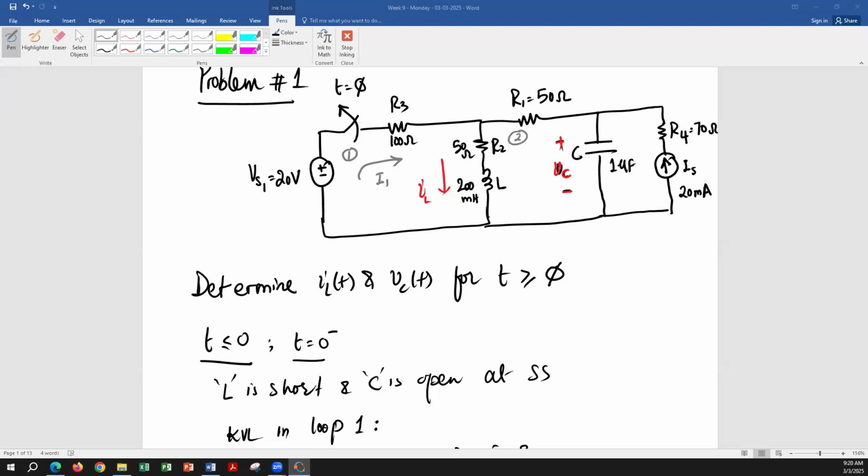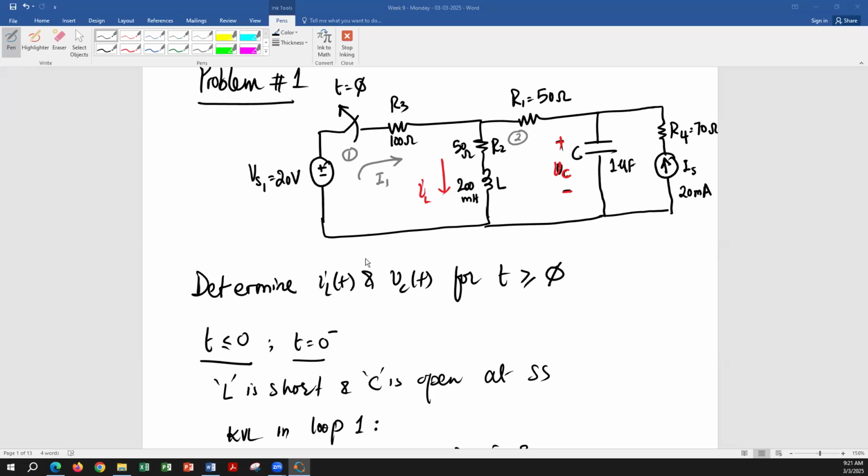So VS1 is 20, R3 is 100, R2 is 50, L is 200 milli, R1 is 50, C is 1 exponent negative 6, IS is 20 exponent negative 3, R4 is 70.